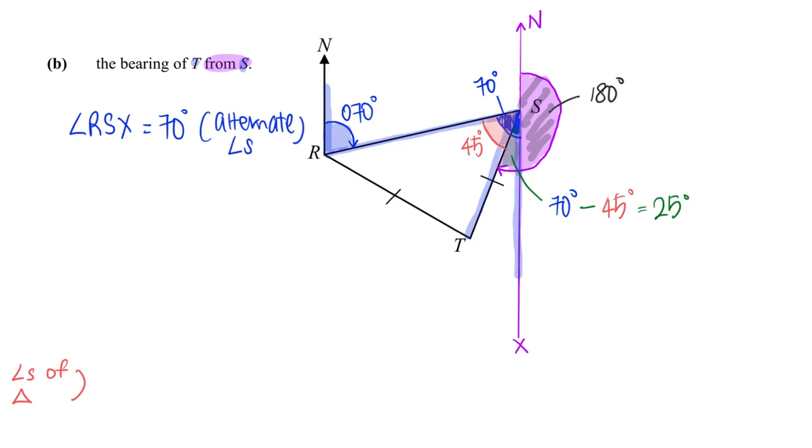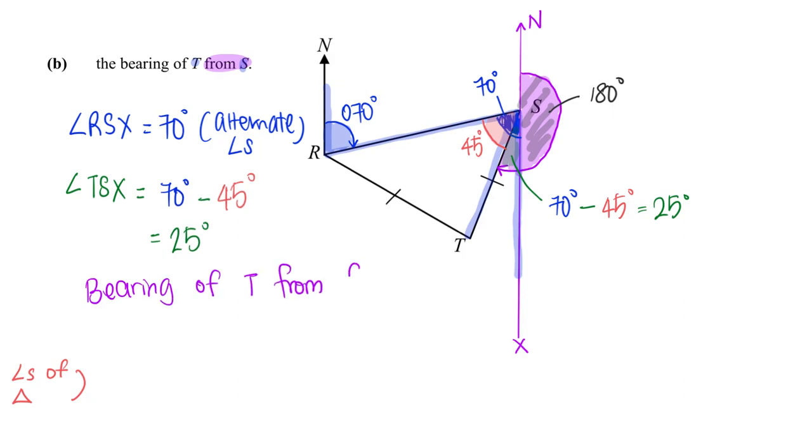And therefore I can then find my green color angle, angle TSX, is my 70 degrees minusing my 45 degrees. And so finally the bearing of T from S will be equal to 180 degrees plus this 25 degrees.